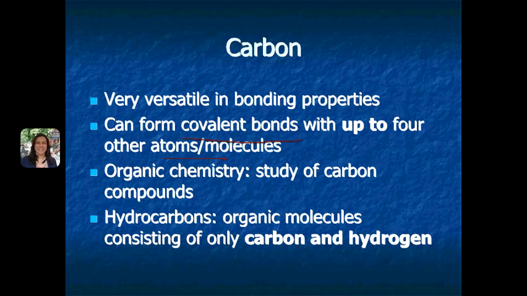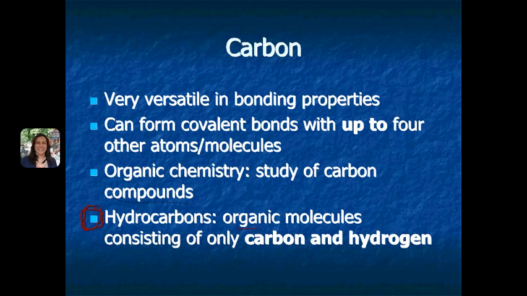There is actually a whole branch of chemistry that is dedicated to the study of all the different compounds that can be formed with carbon, and that is organic chemistry. Then there are hydrocarbons, which we will meet in this chapter and in Chapter 5.